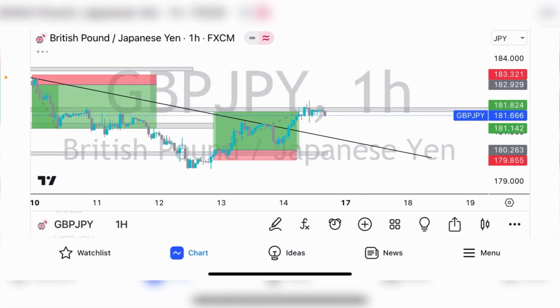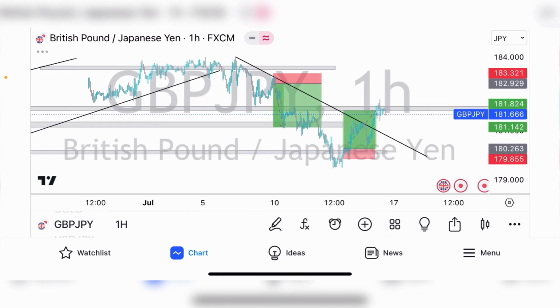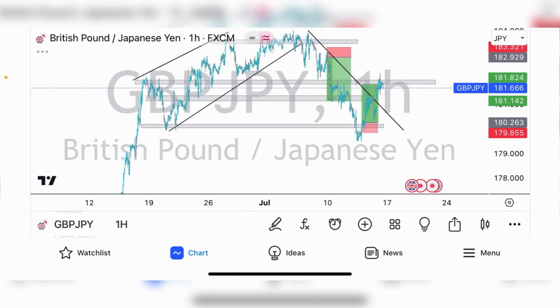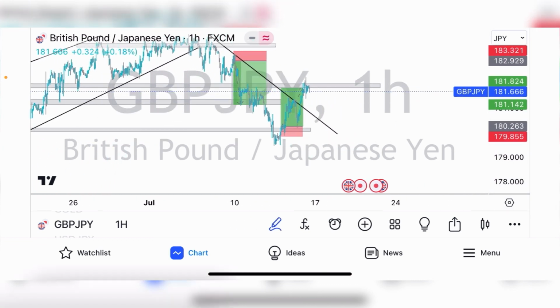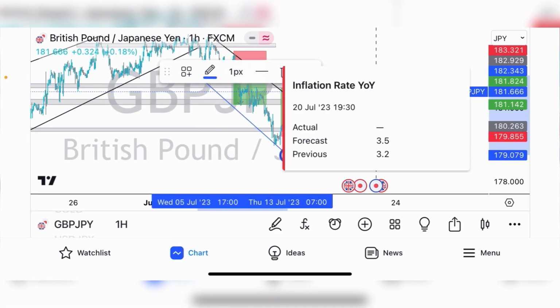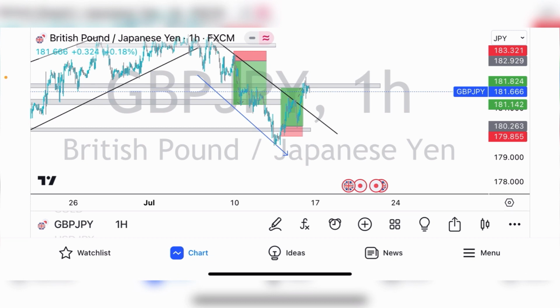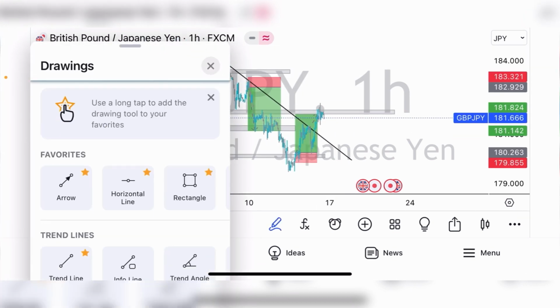Let me dive deeper to the 1 hour time frame. The market made a pattern. Looks like we made another pattern. Take a trend line.